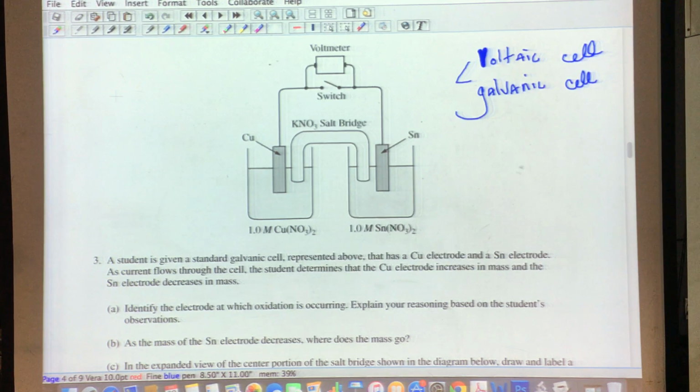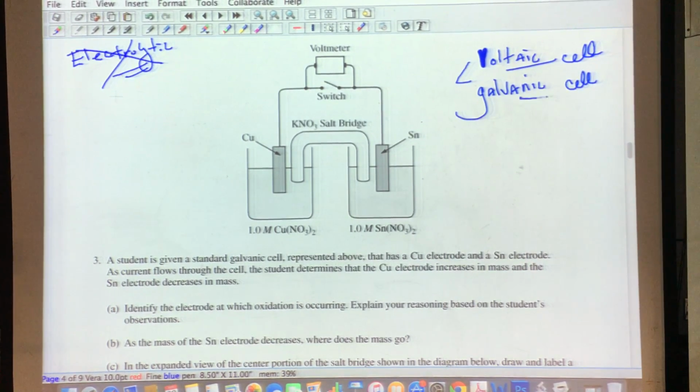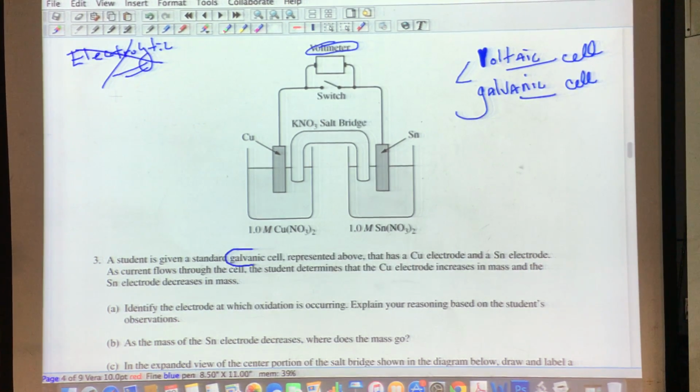This is called electrochemical cell, but the one that has a battery is the electrolytic. That's the one where we're plating or taking a non-spontaneous process. So electrolytic cell is what this is not. Okay, this is a galvanic cell. This is spontaneous. This produces a voltage. Okay, so a student is given a standard galvanic cell that gives it away that it's a battery. It has a copper electrode and a tin electrode.